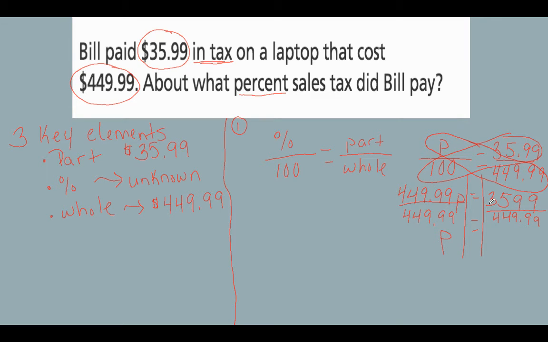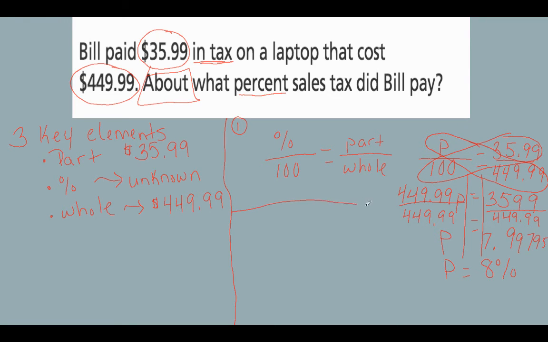We should get like 7.99795, and it just goes on and on. I can pretty much round that to about 8%. All right, so that was method number 1, the proportion. It's a lot of work.